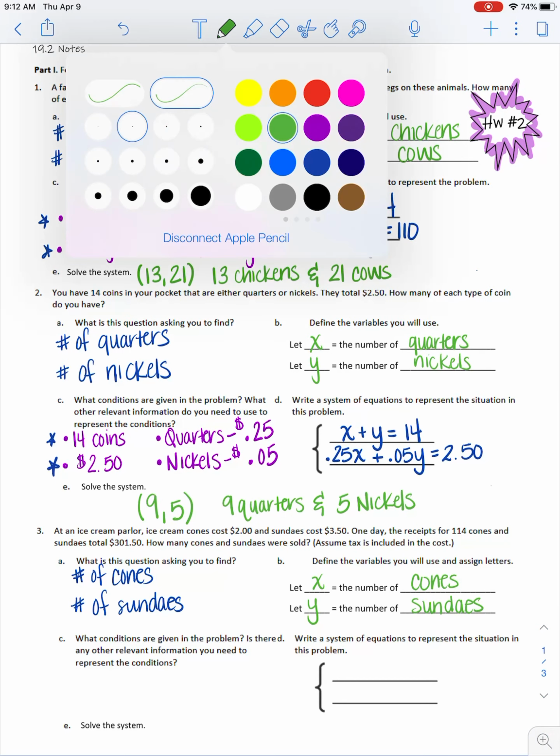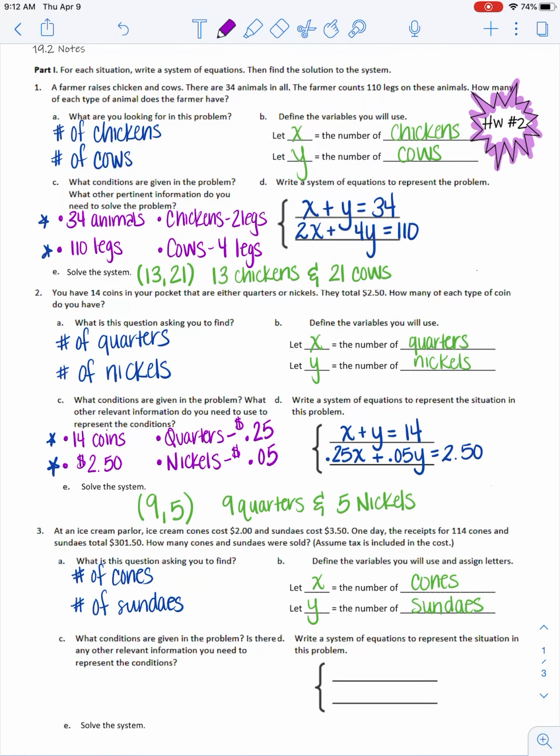Let's go through and get our pertinent information relevant to our problem. So we know that there are 114 items altogether, and we know that the total cost was $301.50.